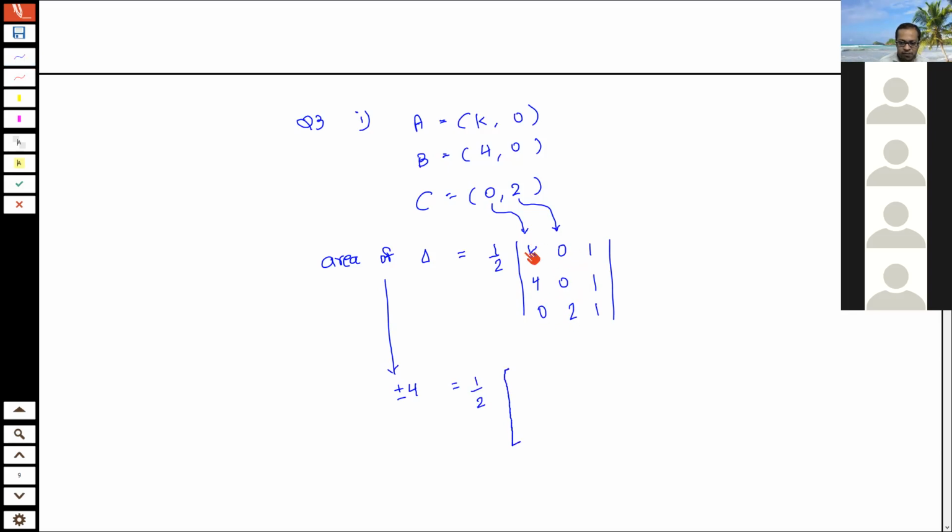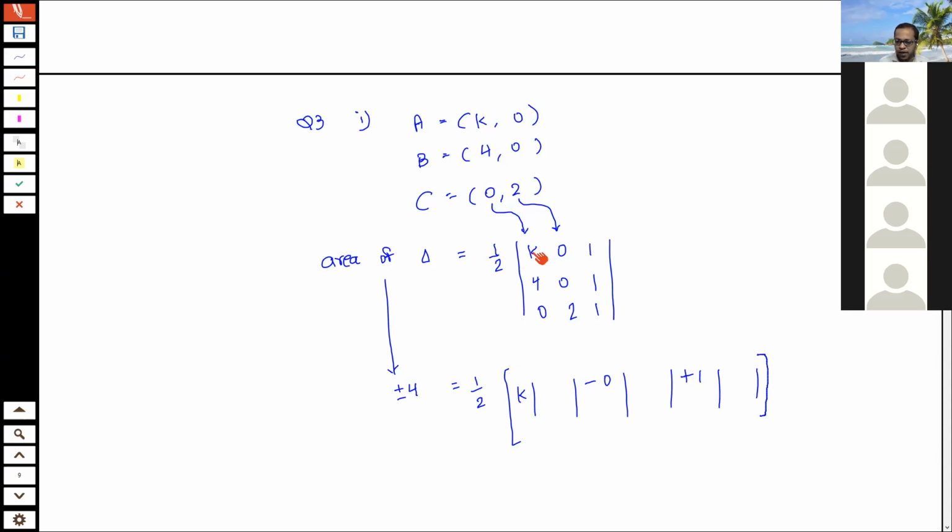So I will start with this k into small determinant. Here 0, I need to change the sign, but then also it doesn't matter, into 2 by 2 determinant, and then I will write 1 with same sign, and again small 2 by 2 determinant.